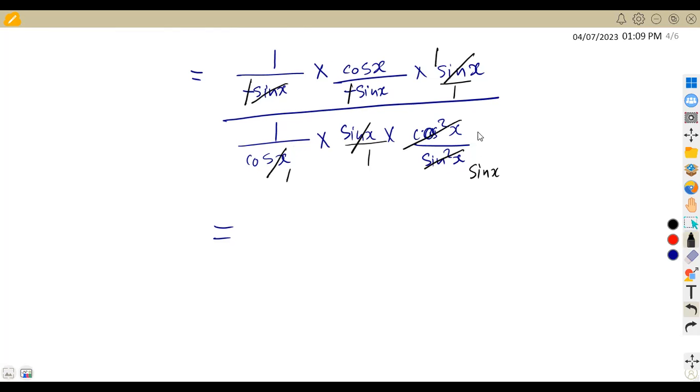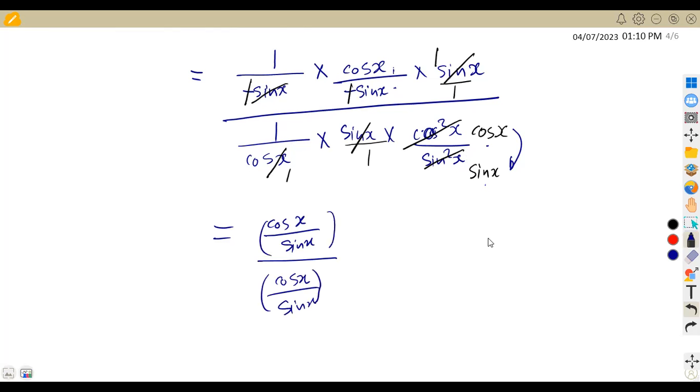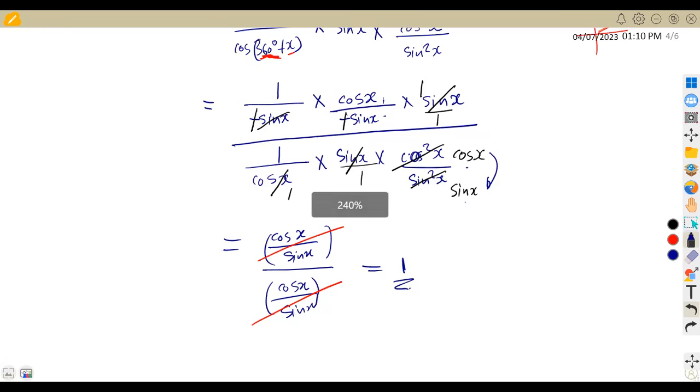Cos into cos squared is going to give us cos x. All right. So in the numerator, we are remaining with cos x over sine x. In the denominator, we are remaining with also cos x over sine x. So these two divided together are just the same. They can cancel. So this is going to give us a positive 1. So our answer in this case was just a direct number, which is 1.